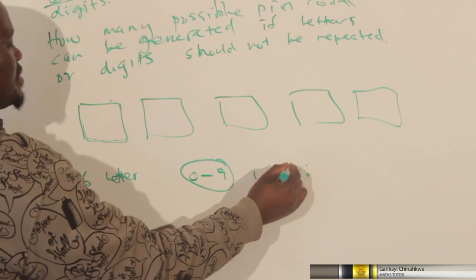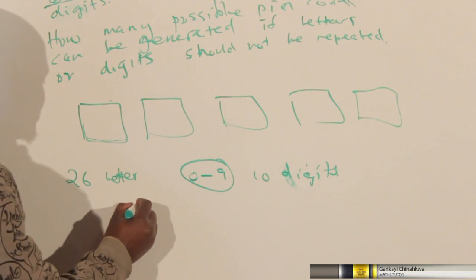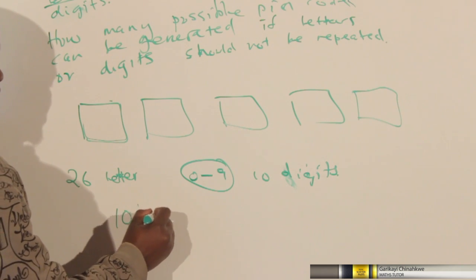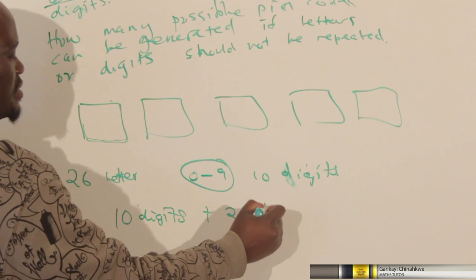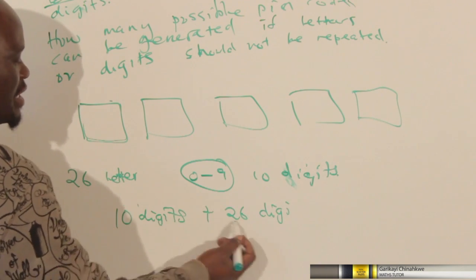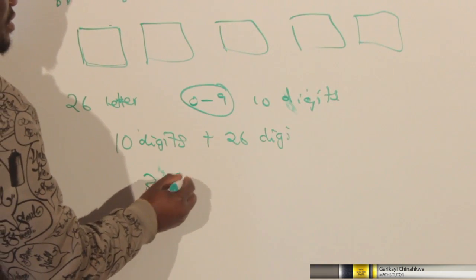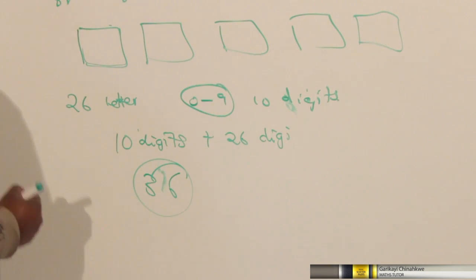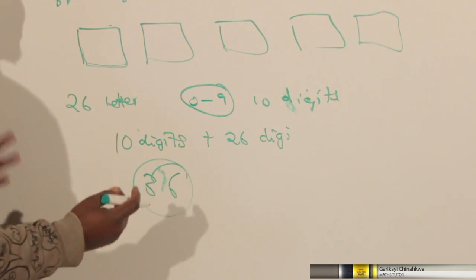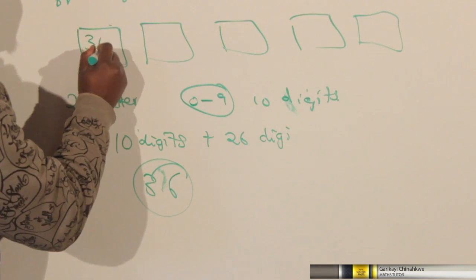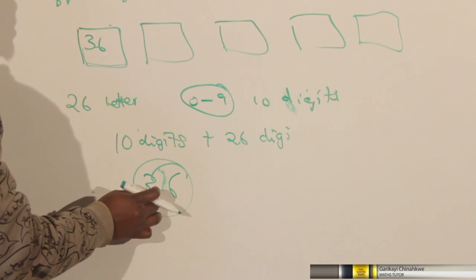So it's 10 digits plus 26 letters, which makes 36 characters. So we are choosing from a pool of 36 characters, and the first block can be taken by any of these 36.